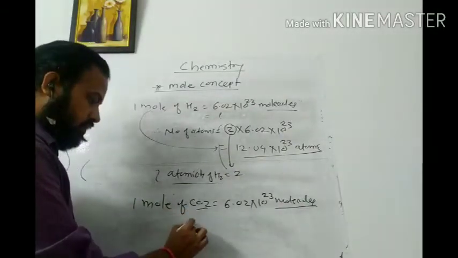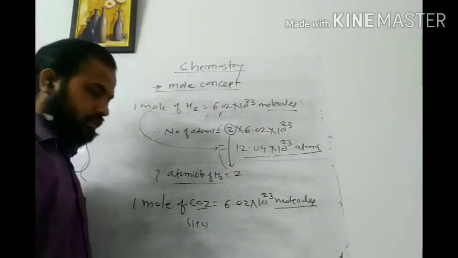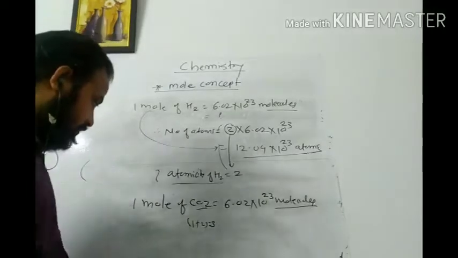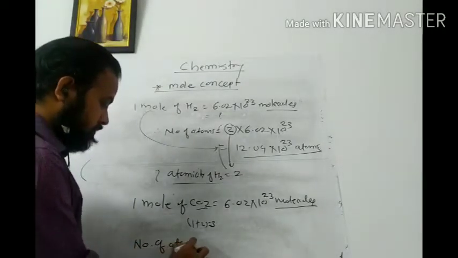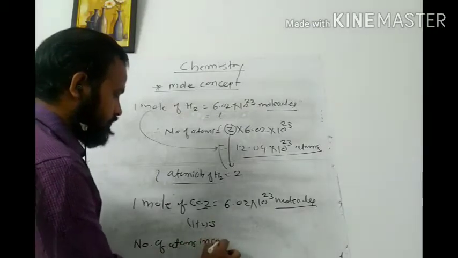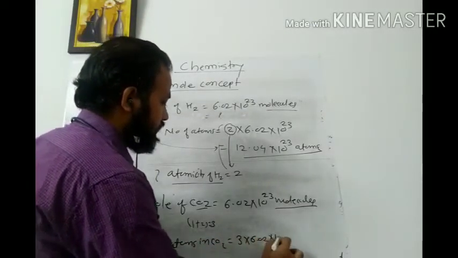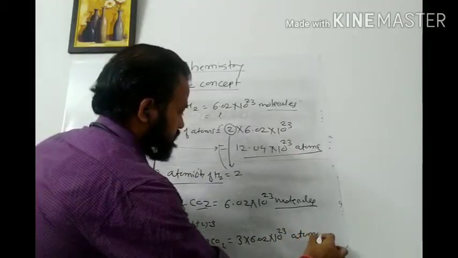It consists of 1 atom of carbon, 2 atoms of oxygen. So atomicity is 3. So if I want to calculate the number of atoms in CO2, simply I have to multiply it by 6.02 into 10 raised to 23. So this multiplication gives me the answer. Okay. So in this way you can easily calculate.